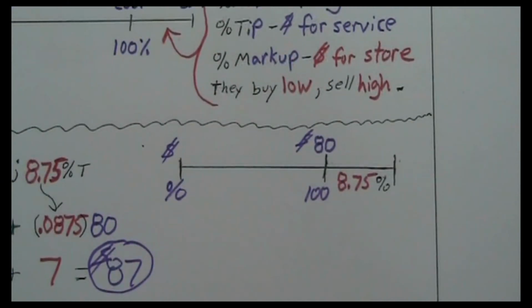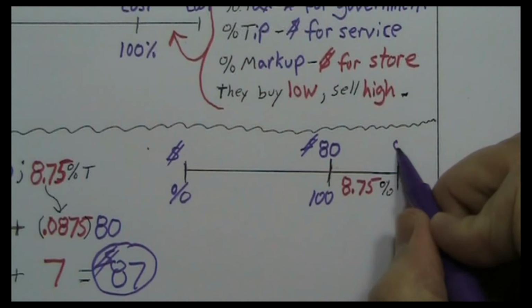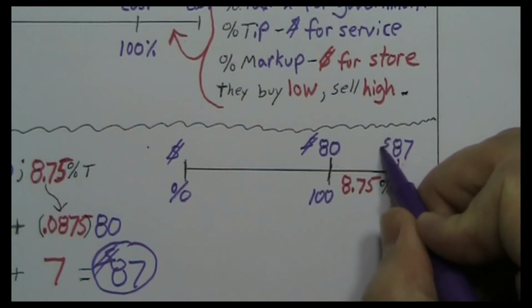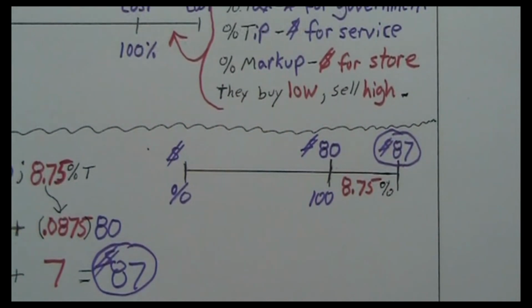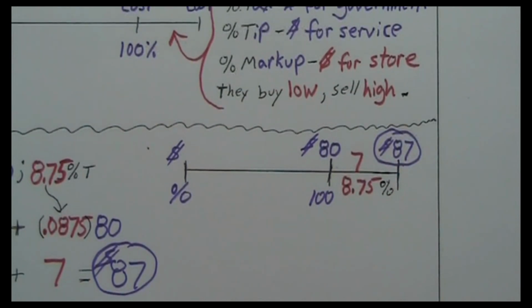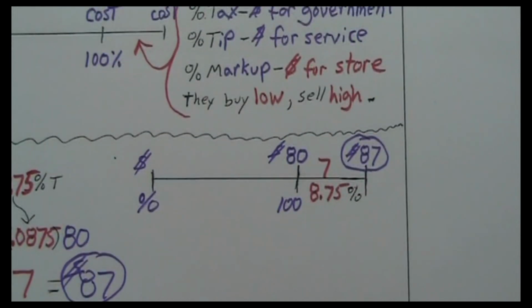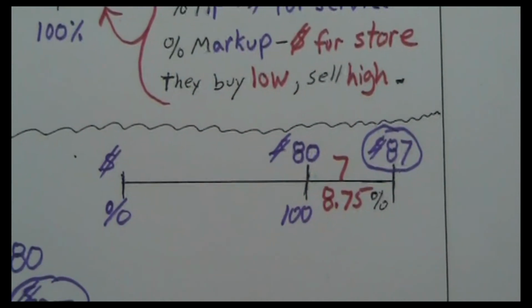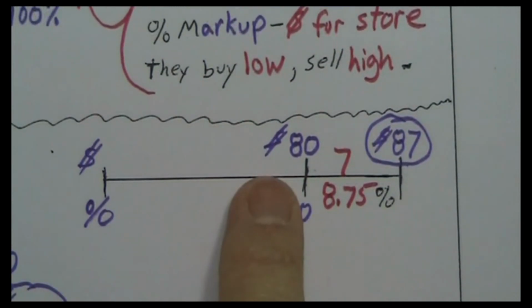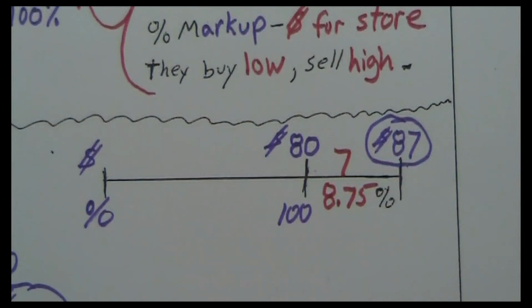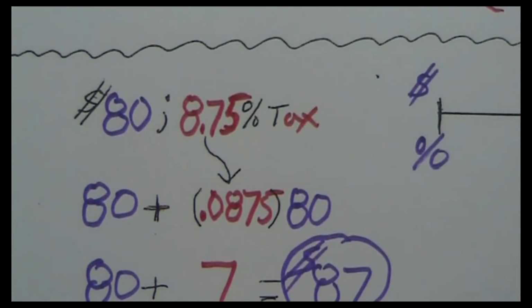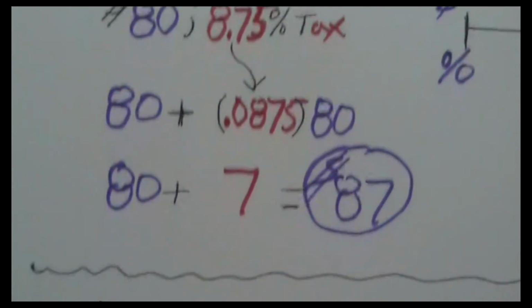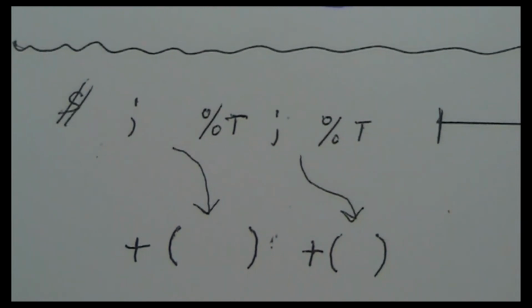So looking at the diagram over here, it's going to cost us $87. See, all we had to do is add another $7, which is 8.75%. Okay, so hopefully that makes some sense to you. It's going to cost you an amount, you're going to add a percentage to it. And I think I forgot to mention that this was tax. Sorry. 8.75% tax.